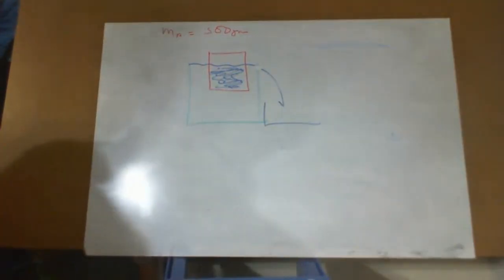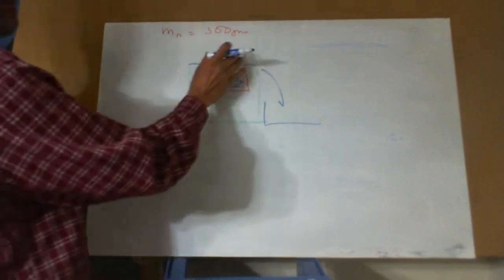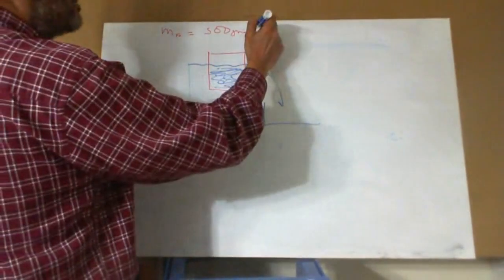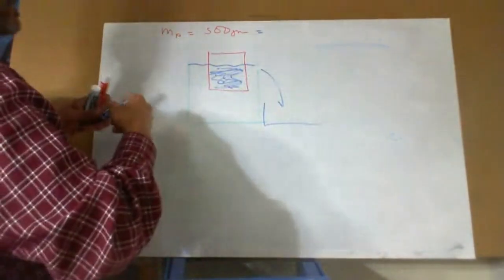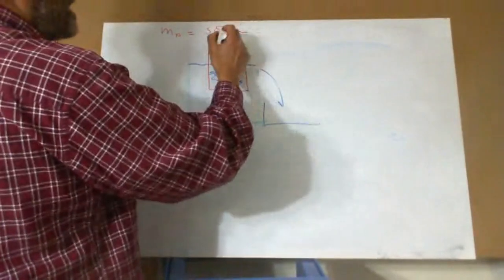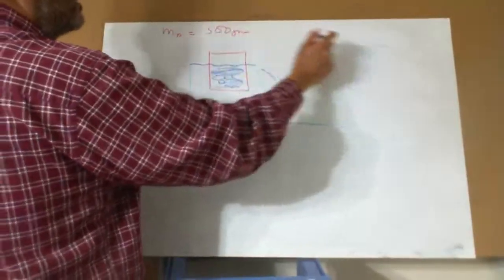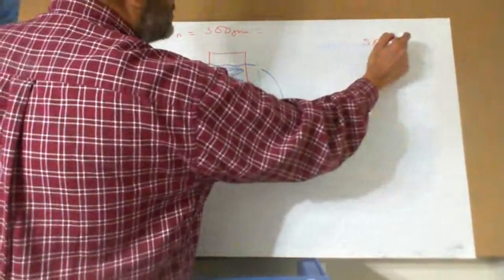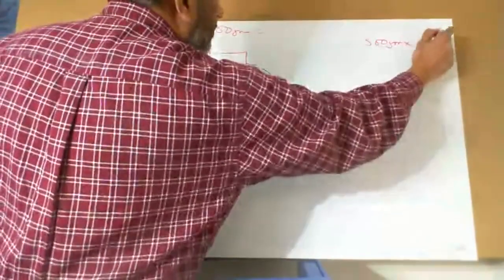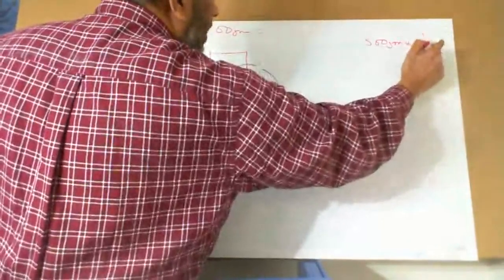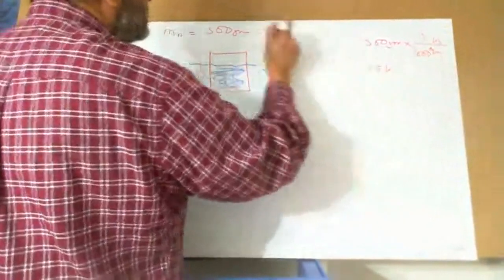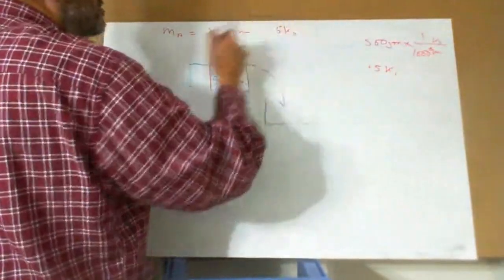So how much water is that? Because the mass is 500, right? The weight is approximately what? What's the mass in kilograms? 500 grams. I want to get rid of grams, and I want kilograms, and 1 kilogram is 1,000 grams. So 500 divided by 1,000 is 0.5 kilograms.